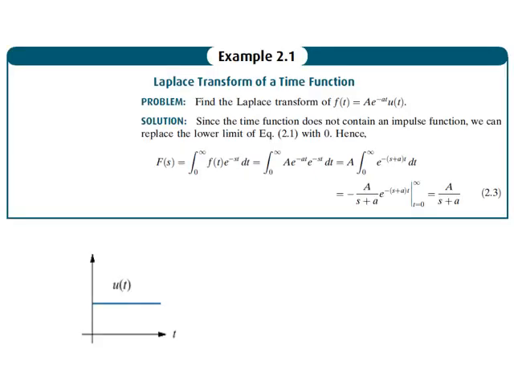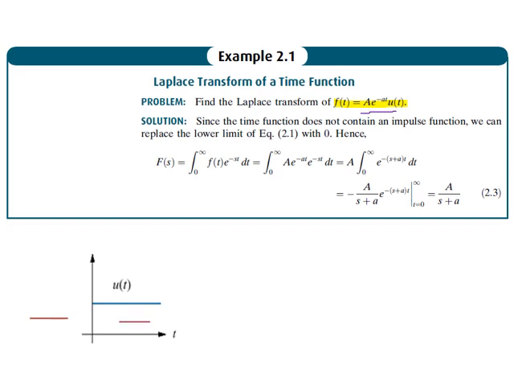Students, now we will study with the help of an example how to find the Laplace transform of a function f of t, where f of t is equal to capital A e power minus at u of t. This function is the product of a constant capital A, an exponential function, and a step function, which implies that for time less than 0, the function results in 0.